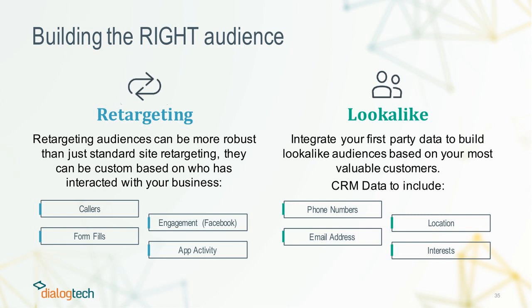Again, we'll get into this, but it's very much an opportunity for you to build a custom audience and then have Facebook find lookalike audiences based on that. You could even input your CRM data. You can input email addresses. You can input your customer base phone numbers.